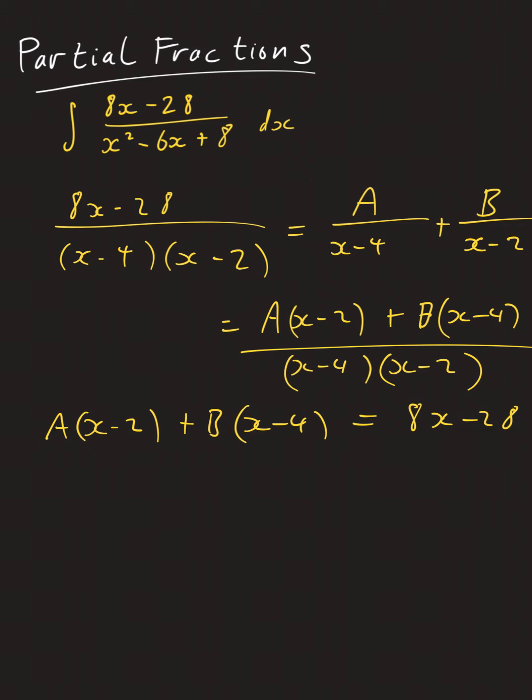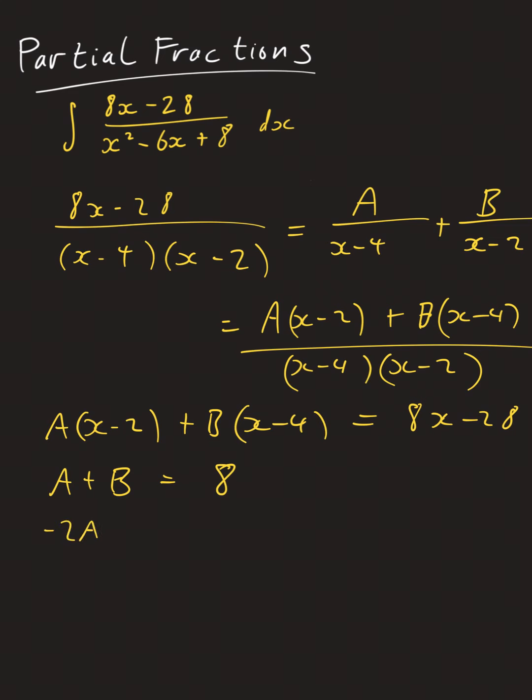So what we can do is compare the powers of x on both sides of this equation. So on the left I have ax and I have bx. So I know that a plus b must be equal to 8 because I have 8x on the right side. And I have a times minus 2 and b times minus 4 on the left.